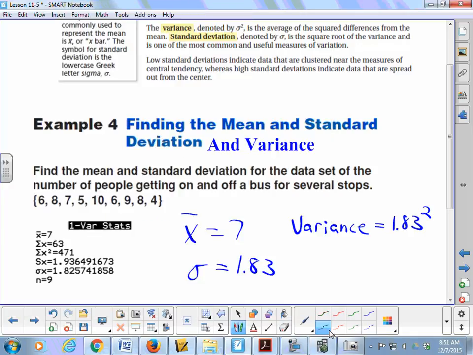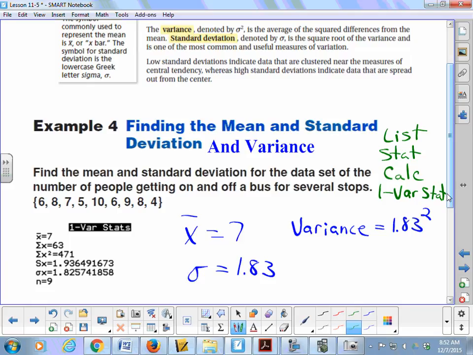So what did we do? Put the data in our list. Once the data is in our list, we go to stat, calc, and one variable statistics.